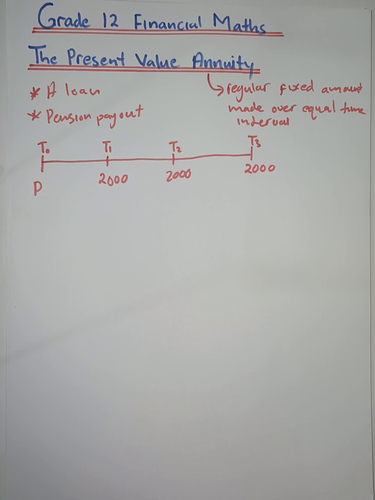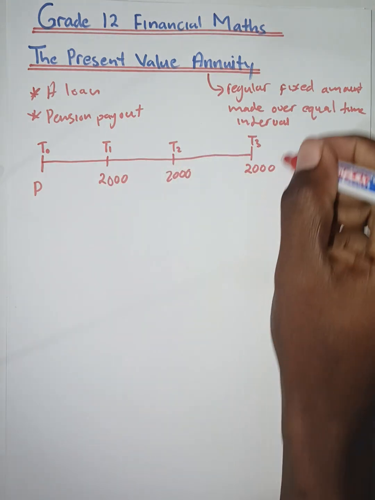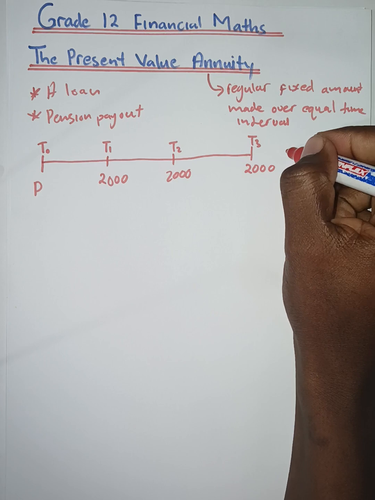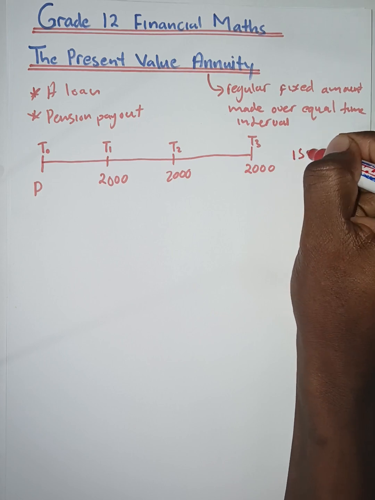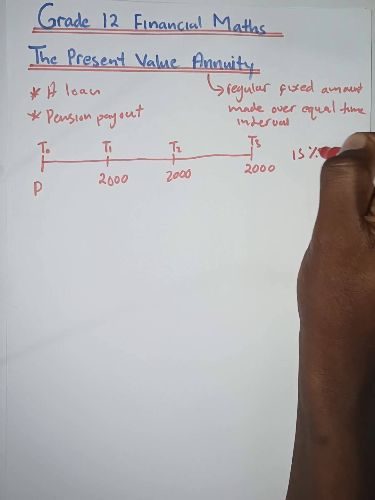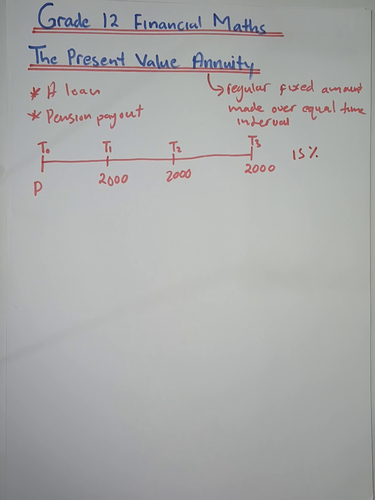And the reason why it doesn't work is that, remember, we said you cannot add or subtract money unless you know how much it is worth at the same time. Now suppose they say that this loan is granted at 15% per annum, compounded annually.